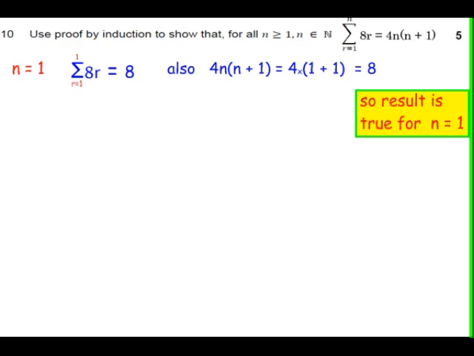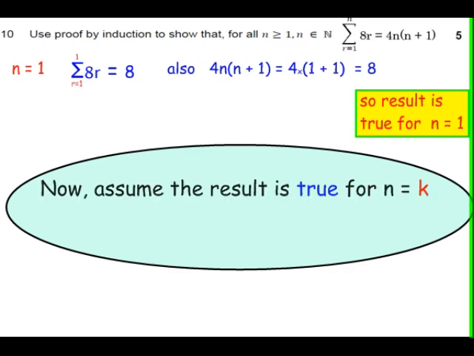We now assume the result is true for n is equal to k. In other words, the sum r equals 1 to k of 8r is equal to 4k times k plus 1.